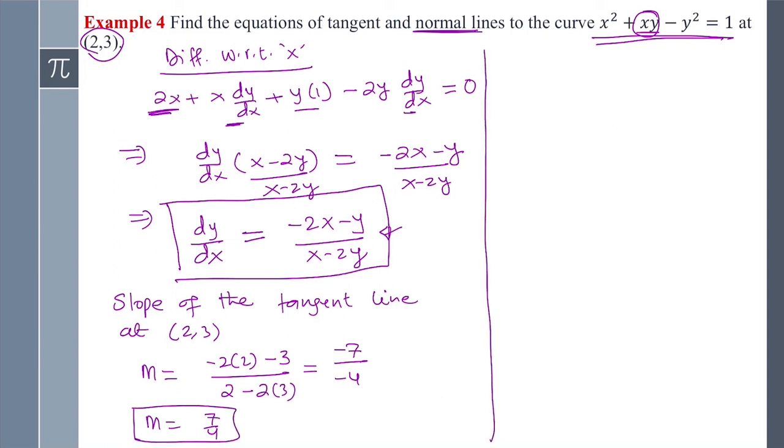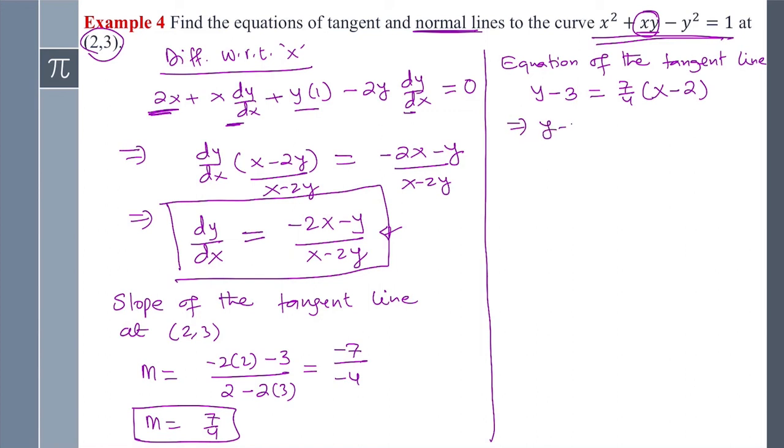Now the equation of the tangent line is y minus y1, which is 3, equals m, which is 7/4, times x minus x1, which is 2. Okay, now let's go ahead and simplify this.